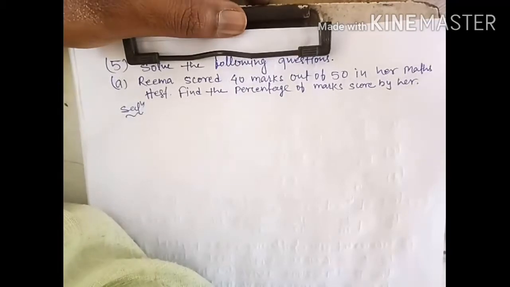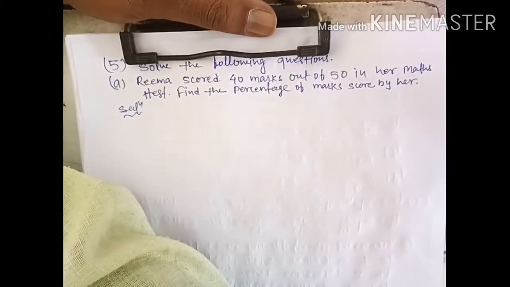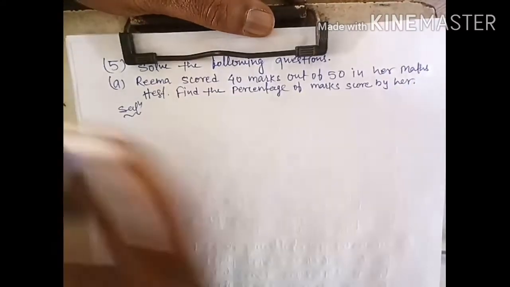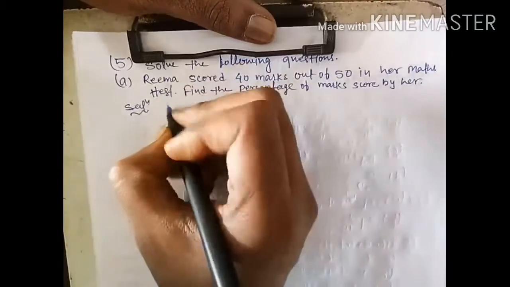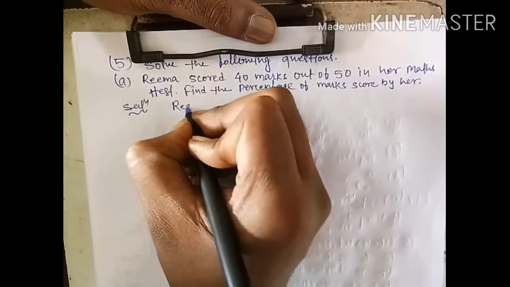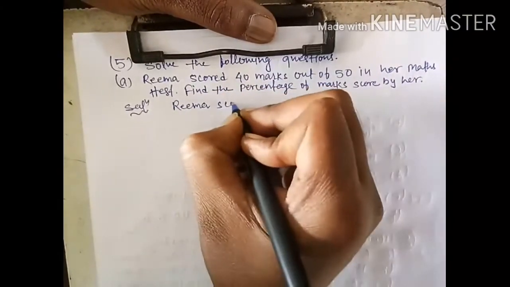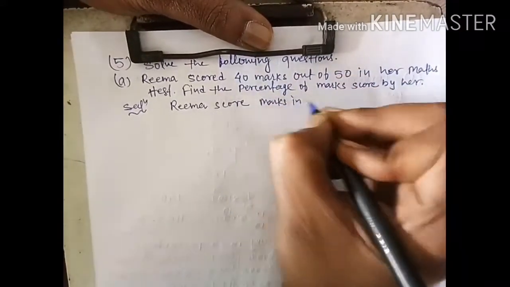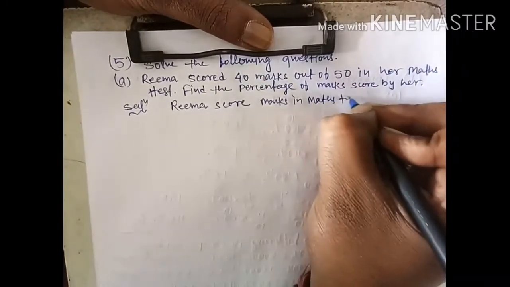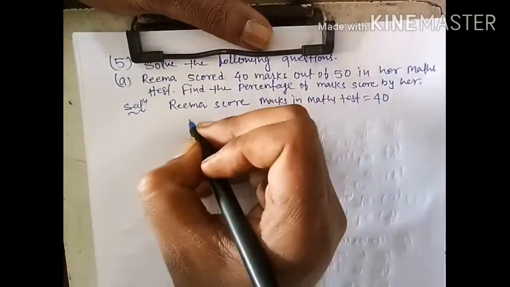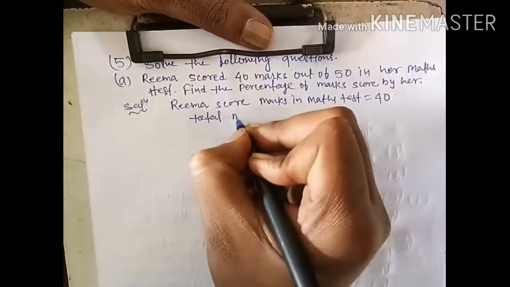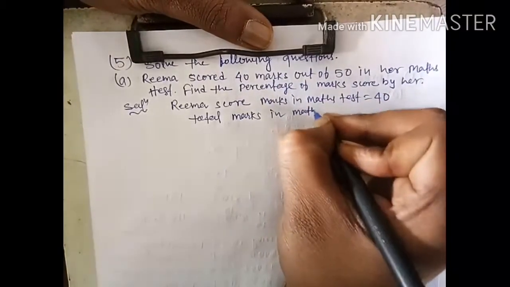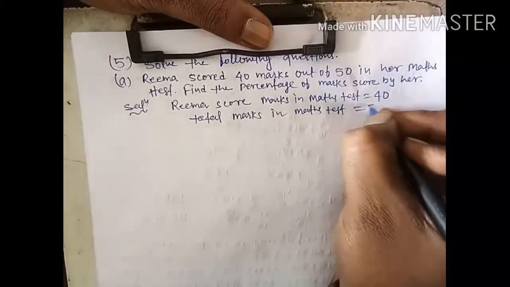In question number 5, here Rima scored 40 marks out of 50 in her maths test. Find the percentage of marks scored by her. Here Rima's score in the maths test is equal to 40. Total marks in the maths test is equal to 50.